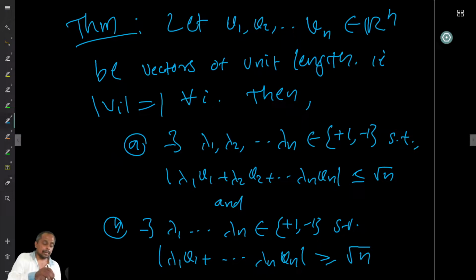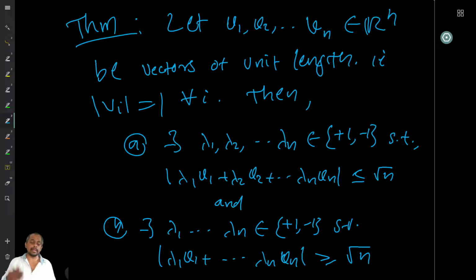Then the theorem says that you can find lambda 1 to lambda n, which are values plus or minus 1, such that the modulus of lambda 1 v1 plus lambda 2 v2 plus etcetera plus lambda n vn is less than or equal to root n.